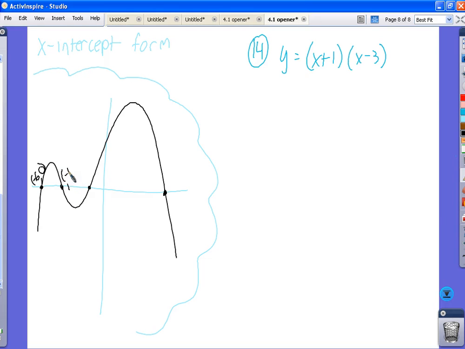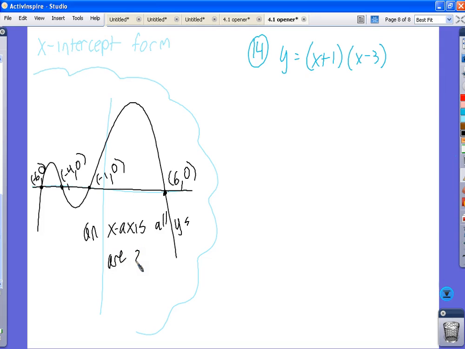What about here at -4 comma 0, also 0, -1 comma 0, and positive 6 comma 0. My whole point here is that on the x-axis, all y's are 0. So let's say that this was the graph of some function f of x equals whatever it is, some rule, some equation over there. When we put in -1 into that, what are we going to get out?